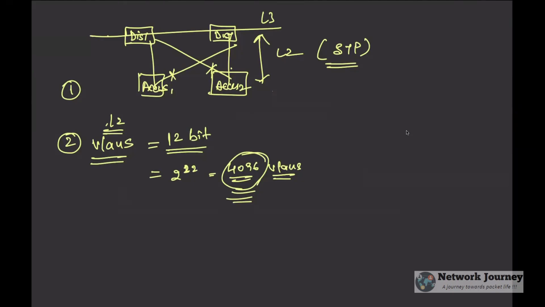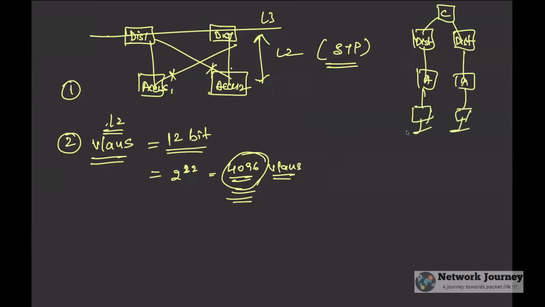And why do we need L2? Say this is my distribution switches, and for example, this is my core, this is my access. Why do I need to have L2? I can make it completely L3. So what is the issue in that?